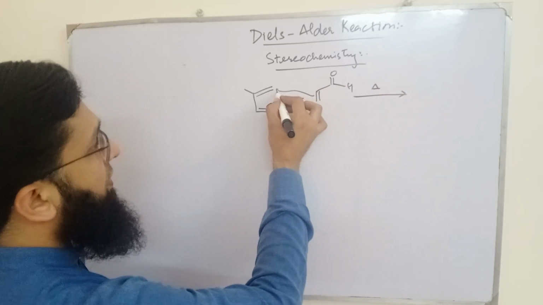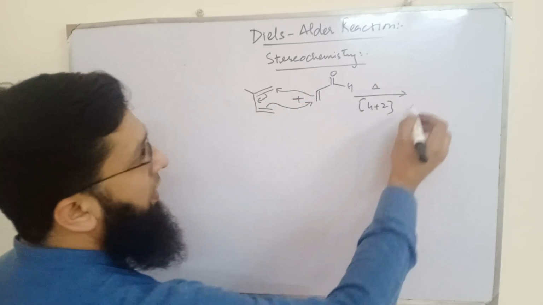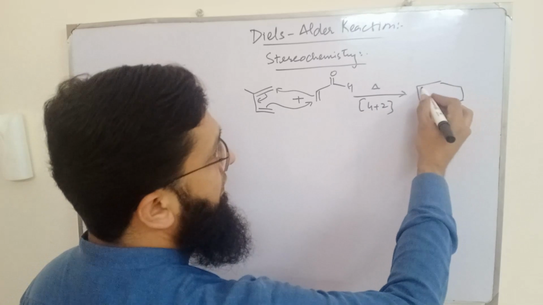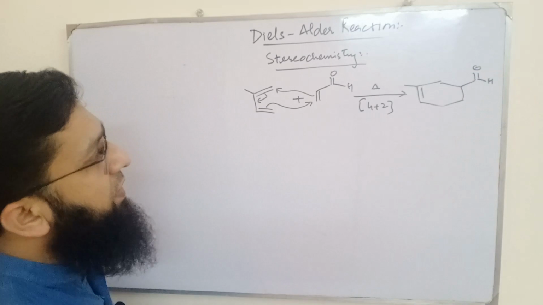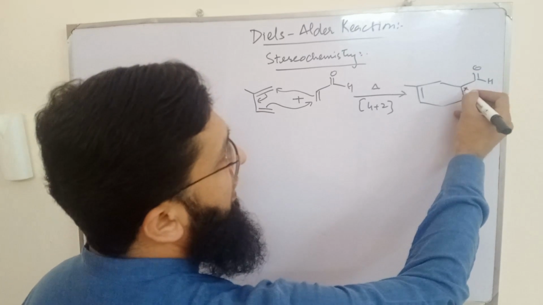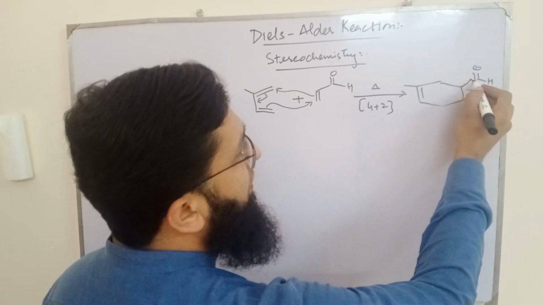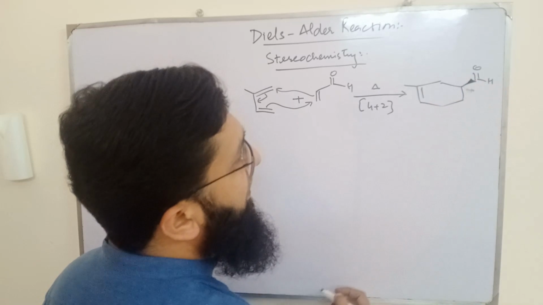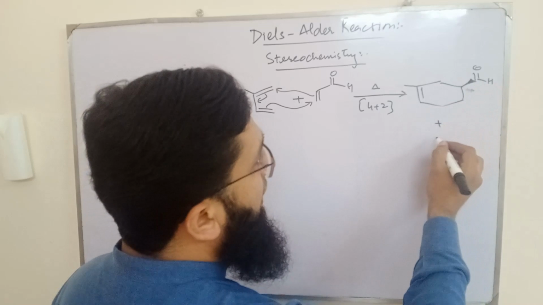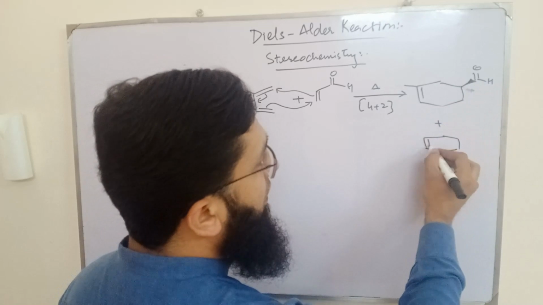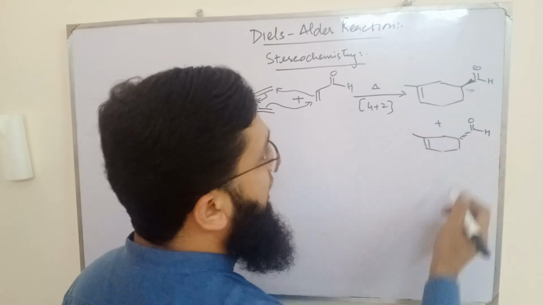So the Diels-Alder 4+2 reaction would take place and we would get this molecule, and here we can see this molecule is chiral in nature. Therefore we will show the isomers, enantiomers. This is the enantiomer with the aldehyde group above the plane, and the second would be the other enantiomer with the aldehyde group below the plane.